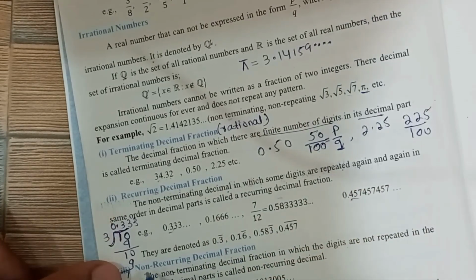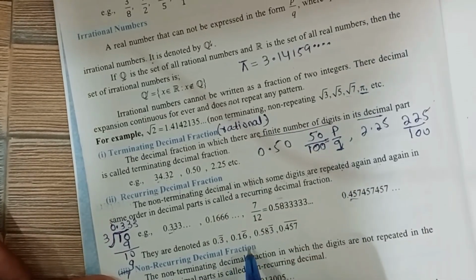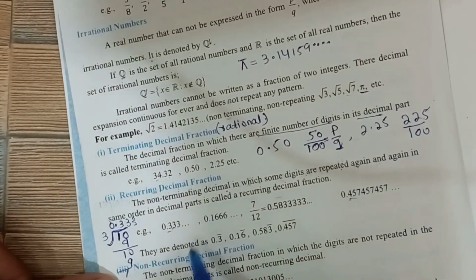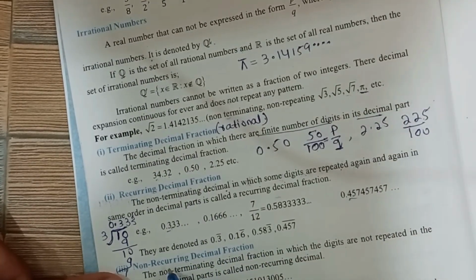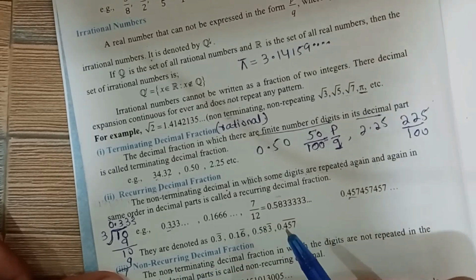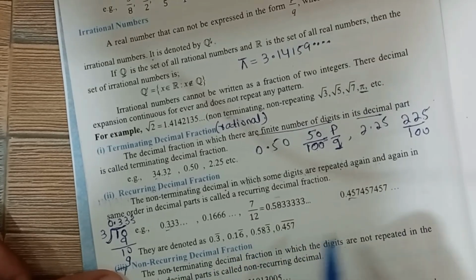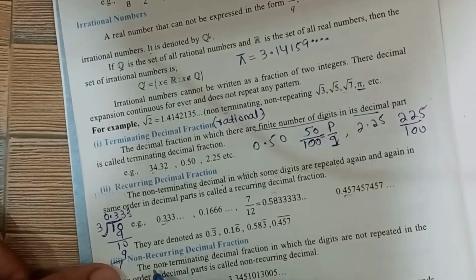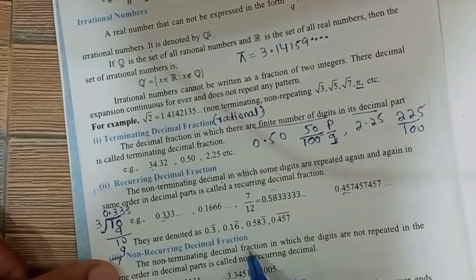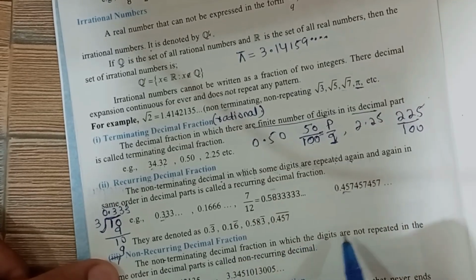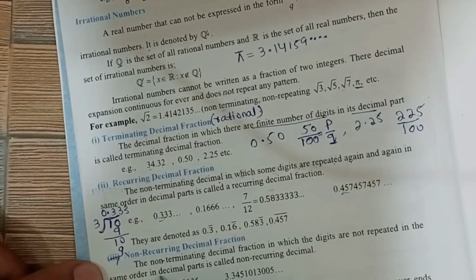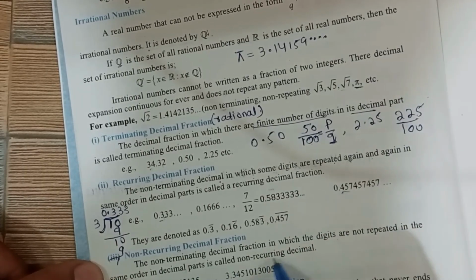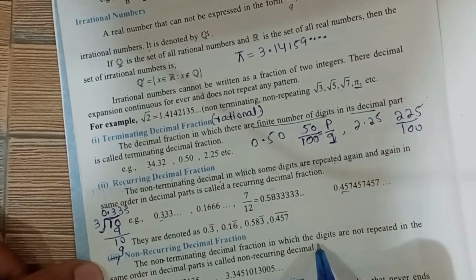Another one is non-recurring decimal fraction. Non-recurring decimal fraction means here the digits are not repeating in the same order. The non-terminating decimal fraction in which the digits are not repeated in the same order in the decimal part is called a non-recurring decimal.